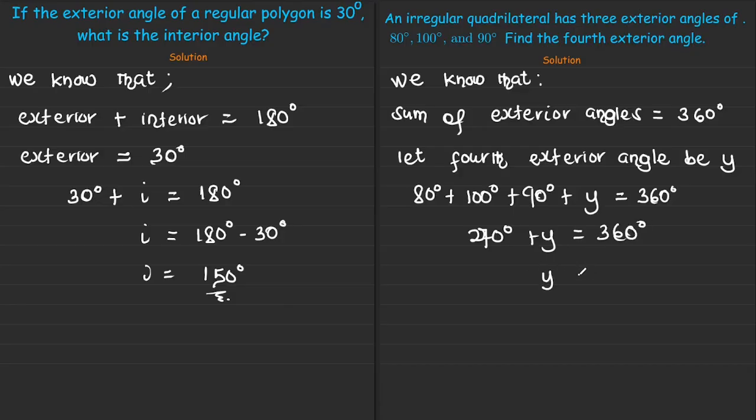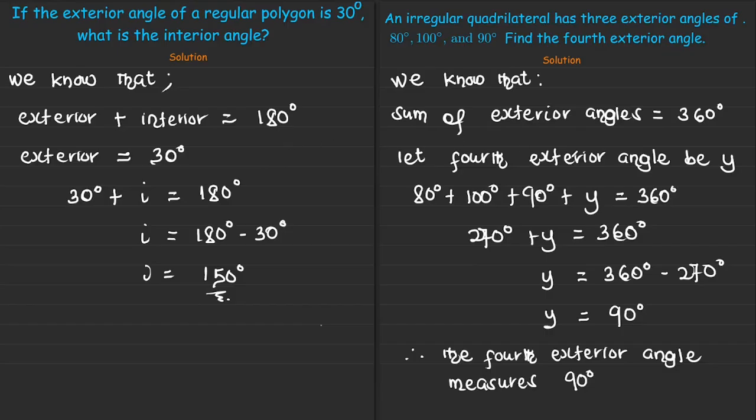Making y the subject, we have y equal to 360 degrees minus 270 degrees. Our y is then equal to 90 degrees. And that becomes the measure of the fourth exterior angle. So that is that.